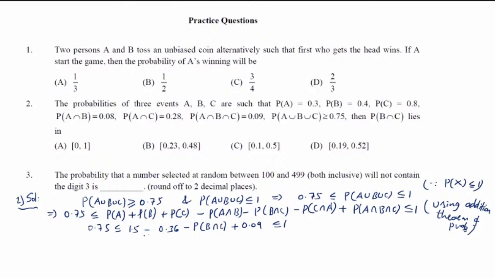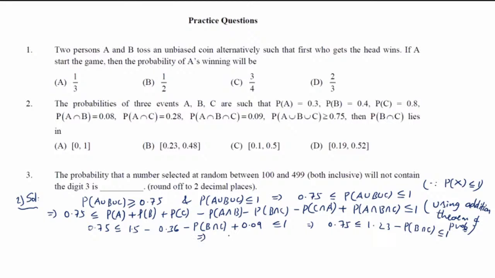So this is 1.59 minus 0.36. That means 0.75 is less than or equal to 1.59 minus 0.36, which is 1.23, minus P of B intersection C, less than or equal to 1. So from this, what can I do?